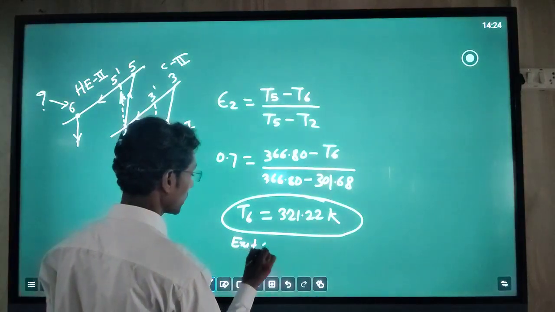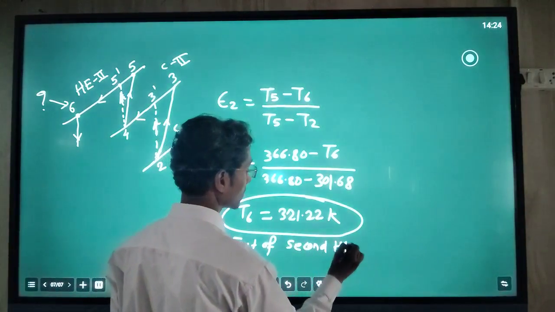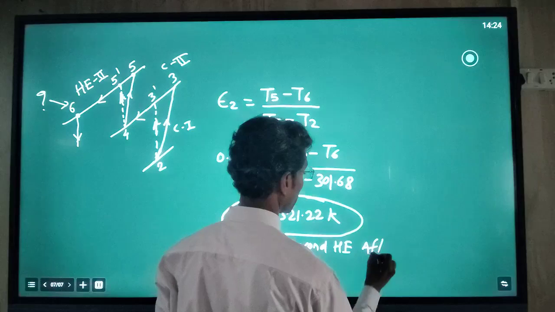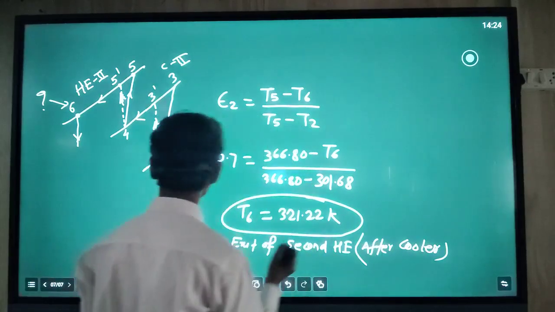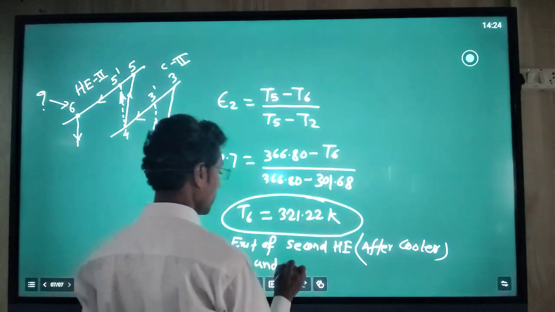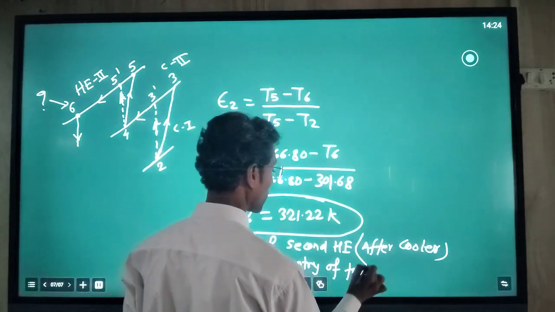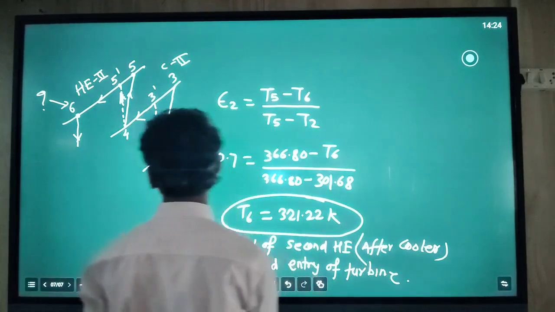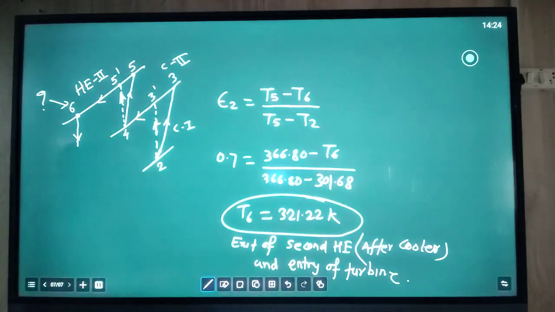This is the exit of the second heat exchanger, the after cooler, and it is also the entry of the turbine, because the next process will be the 6 to 7 process that happens in a turbine. So now we will go to the turbine process.